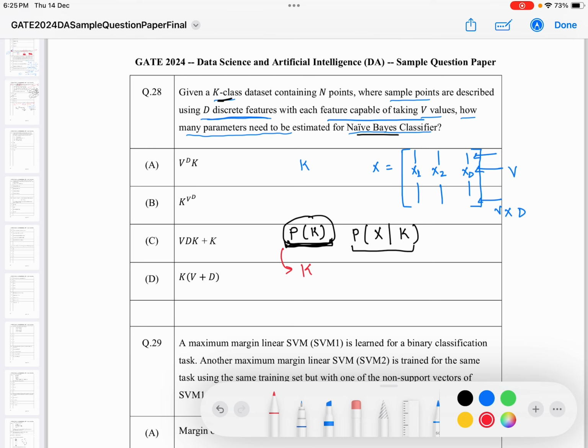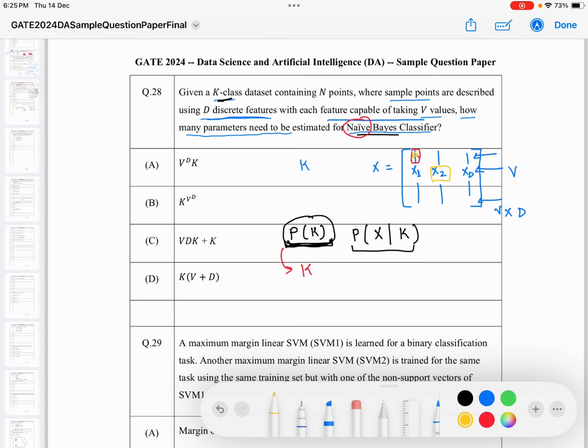Now since this is naive Bayes, what we are assuming is conditional independence. Conditional independence means that if you pick any element from this matrix X, it has nothing to do with any of the other elements, right?